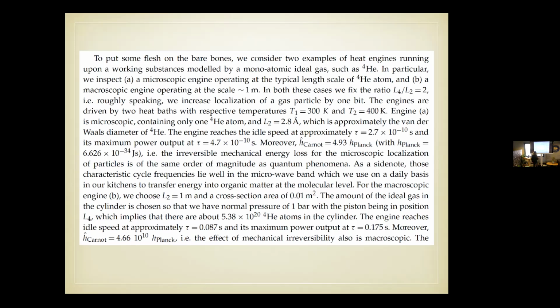Then the action constant is again something like 5 times 10 to the power 10 h Planck. So all I'm saying is if your machine is microscopic, the action constant of the machine is in the magnitude of the quantum action constant. If the machine is macroscopic, this action constant is of macroscopic dimension.